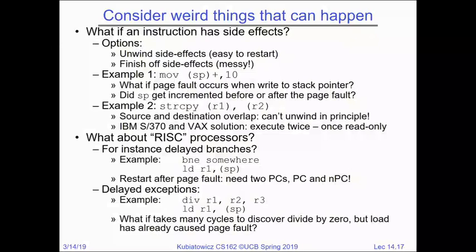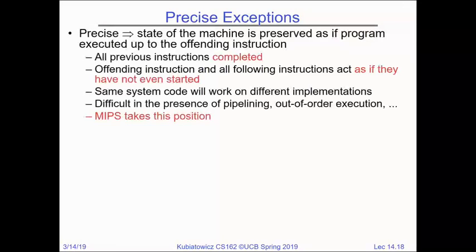That's a precise state. Because if the divide is the precise exception state, everything before is done, nothing after has started. None of the registers are altered or anything, and that's the good point for the operating system to enter. Okay? Now, there are some cases where you have sort of semi-precise, where things like mathematical operations are not precise.